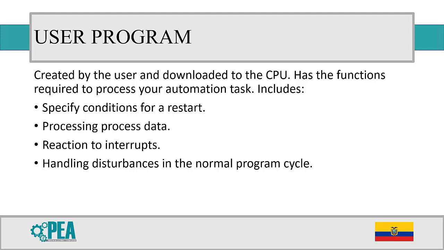It includes, for example, specifying conditions for a restart, and processing the process data, the data that the PLC acquired from the environment, is processed by the user program. It has reactions to interrupts, and it can also handle disturbances in the normal program cycle.